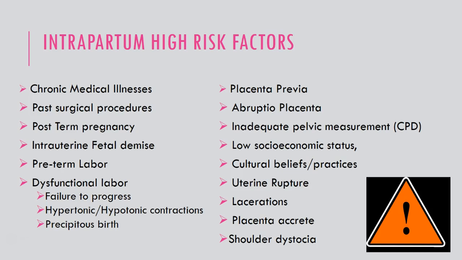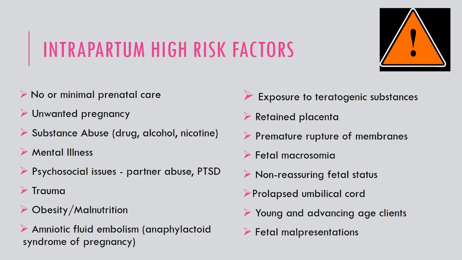Also, those babies typically will be IUGR or growth restricted. They might be preterm even. Those individuals that abuse substances are at a greater risk for abruptions. And the list continues to go on and on.